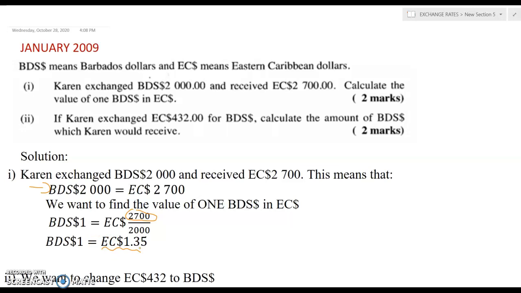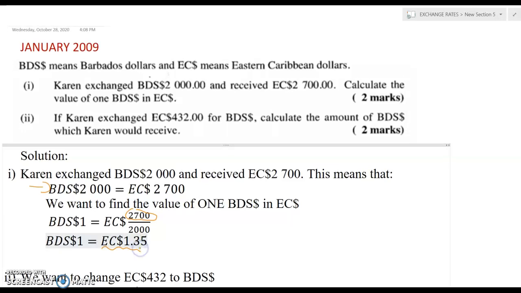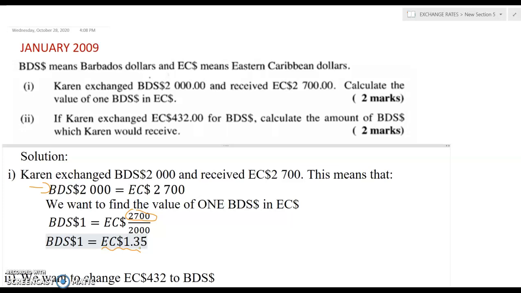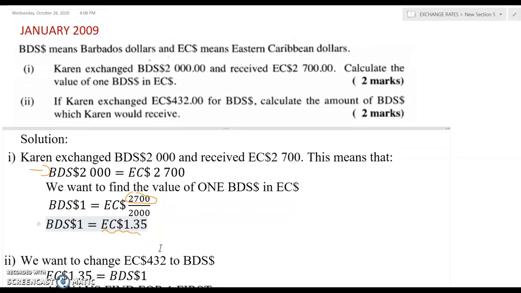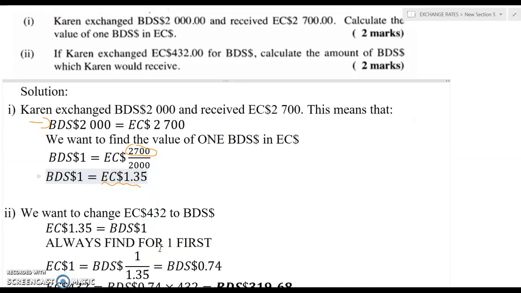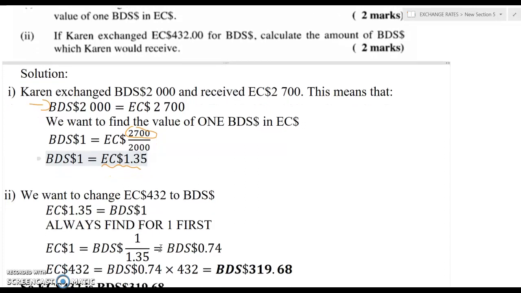Part 2: if Karen exchanged 432 Eastern Caribbean dollars for Barbados dollars, we want to know how much Barbados dollars she's going to get. So again, whatever we want to convert, have that on the left-hand side and find for 1. So we know that $1.35 Eastern Caribbean is 1 Bajan dollar. We just found that in part 1. So now, all we need to do is find out how much 1 Eastern Caribbean dollar will be.